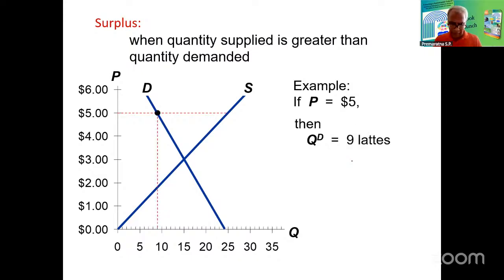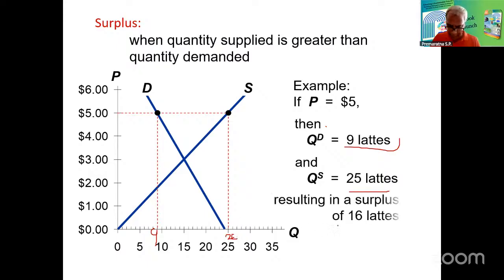Now, with the numbers, you can see how to calculate. In the exam, you should be able to do that. Here the price is 5. The quantity demanded is 9, as you can see here, and the supply is 25. It creates a 16 unit surplus. 16 units of surplus, that's the number.